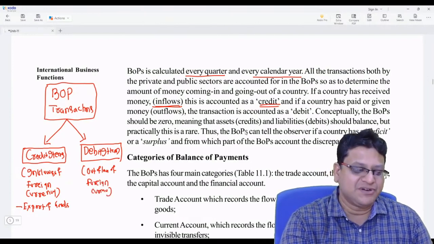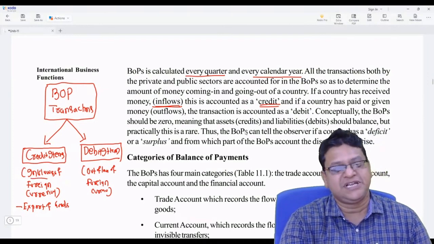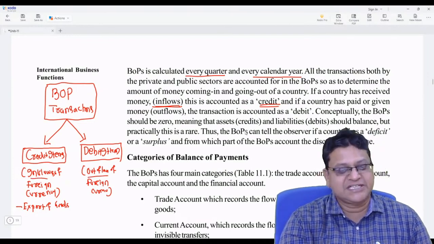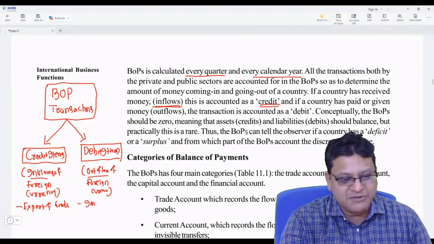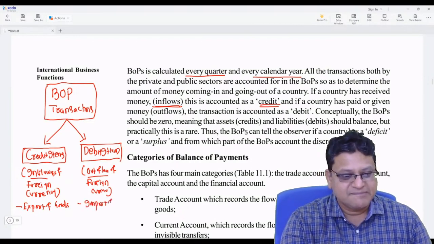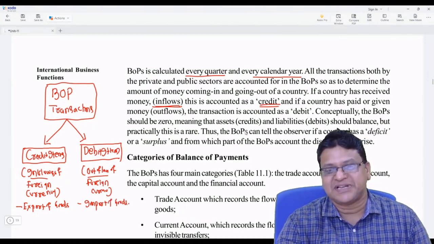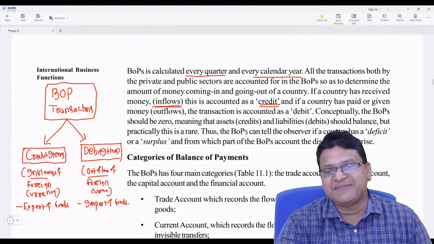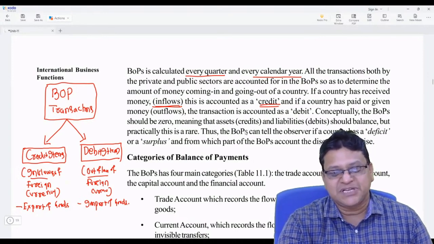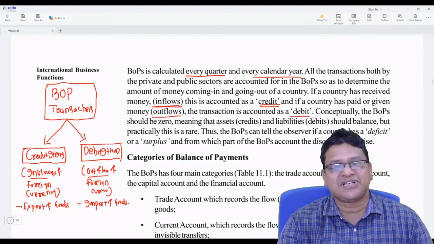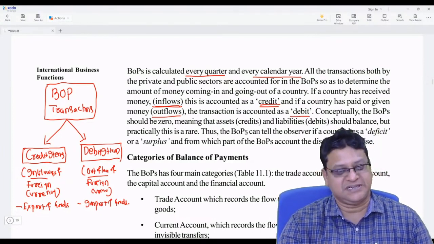Credit items result in inflow of foreign currency, and debit items result in outflow of foreign currency. Example: import of goods and services. So there are two types of transactions, credit transactions and debit transactions.